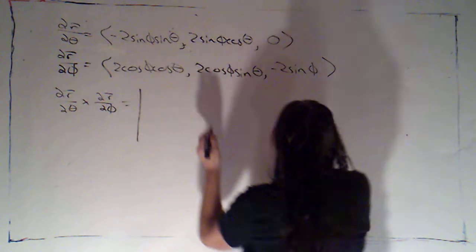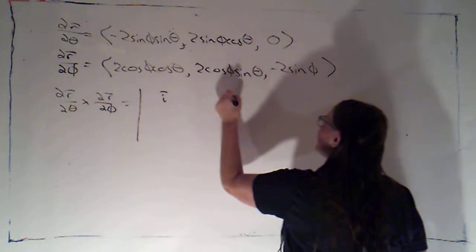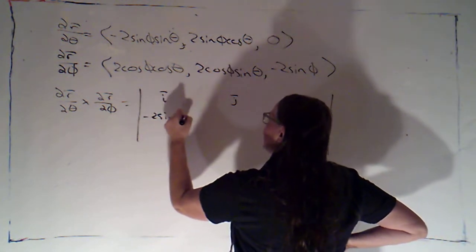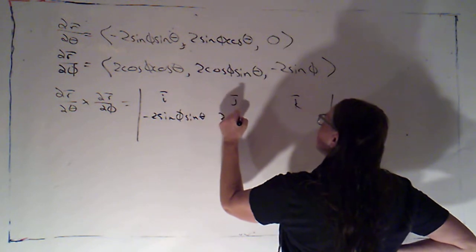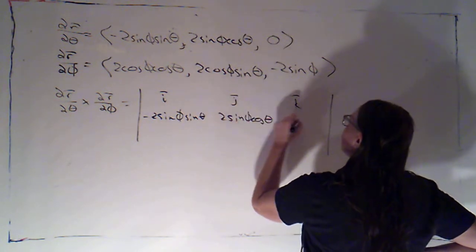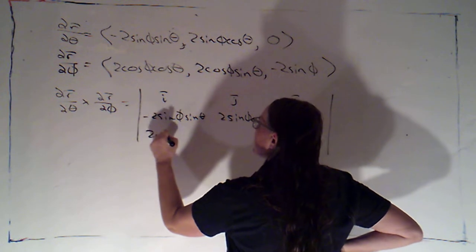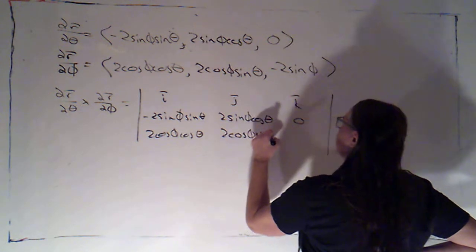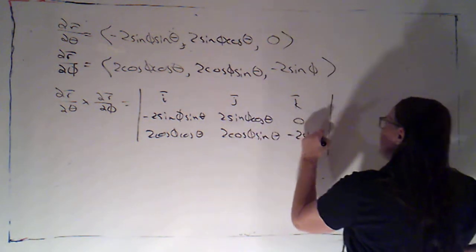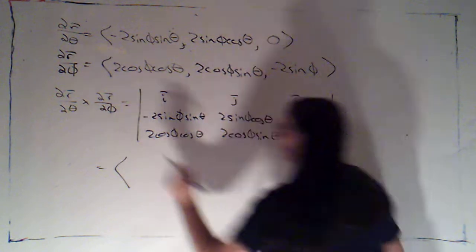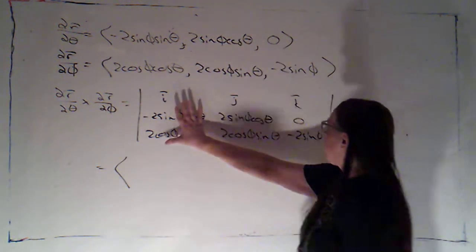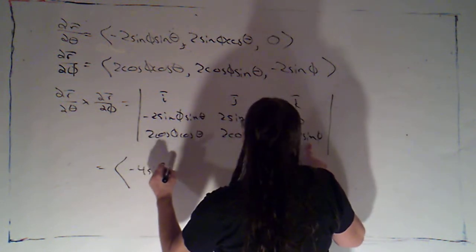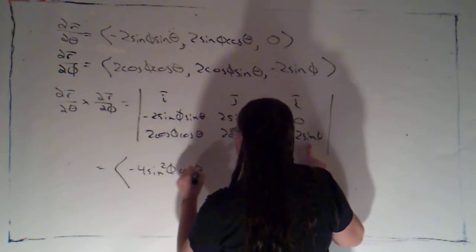So this is going to be symbolic determinant i, j, k, negative 2 sine phi sine theta, 2 sine phi cosine theta, 0, 2 cosine phi cosine theta, 2 cosine phi sine theta, negative 2 sine phi, which is going to give me a vector. Okay, so for the i's, I'm going to get negative 4 sine squared phi cosine theta.